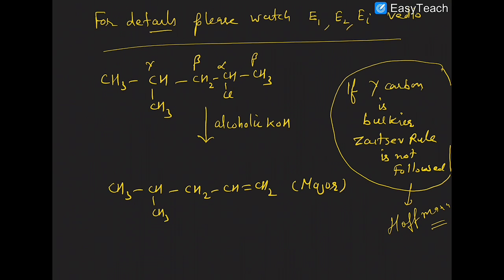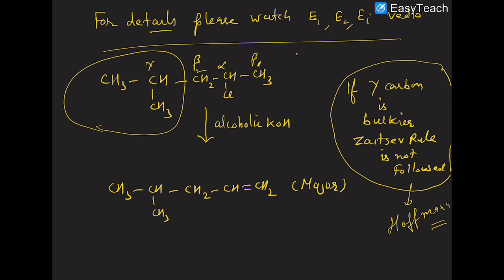Now look at this alkene. Here the gamma carbon is bulkier. So the base cannot attack from the back side. What happens? The base can attack beta 1 more readily than beta 2. The base can approach beta 1 better than beta 2.